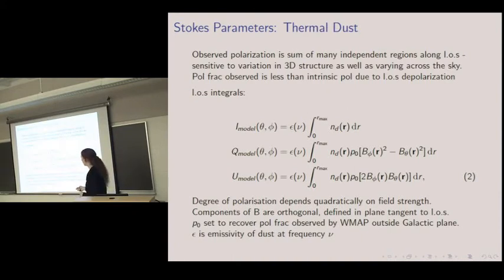However, for Q and U, you have to include the magnetic field strength, and we assume that it depends quadratically on the magnetic field strength. You also have a normalization factor here, which is put in by hand to match the current data. So we can set this to match a 3.6% polarization fraction outside the P06 mask.